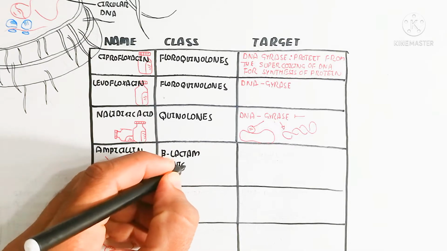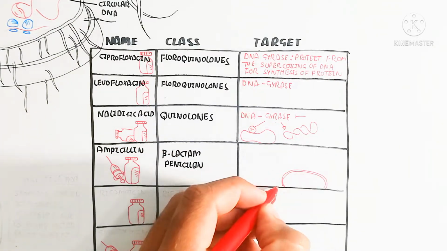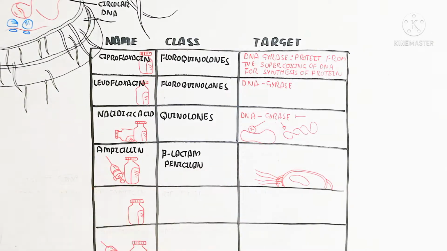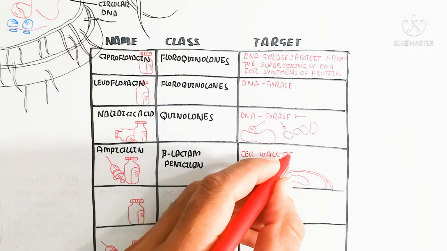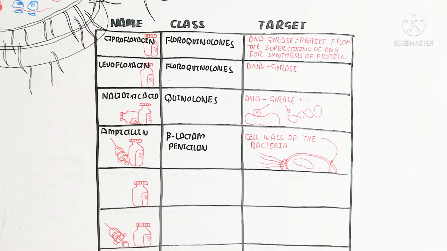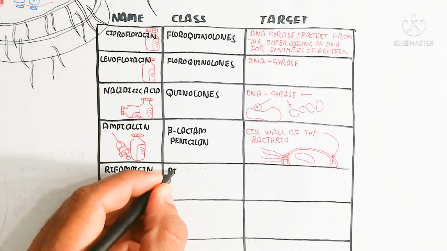The inhibition of the gyrase prevents supercoiling. Here the ampicillin is a beta lactam, a form of penicillin, which inhibits the bacterial cell wall and causes lysis of the cell wall, damaging the cell.